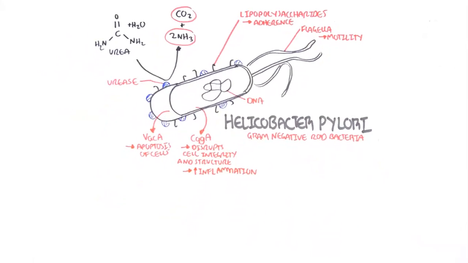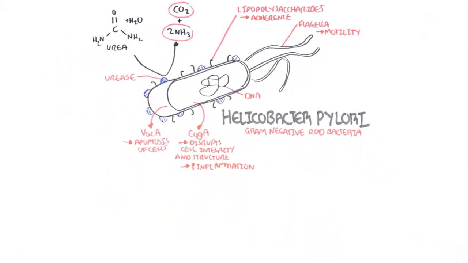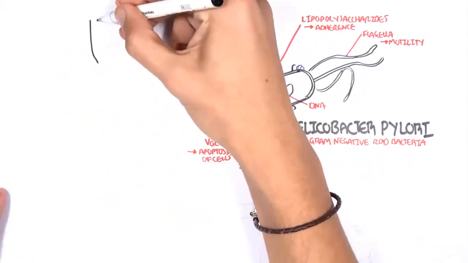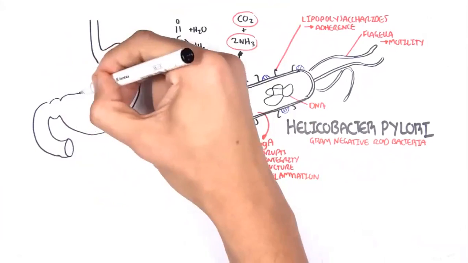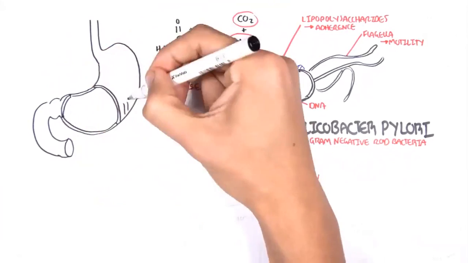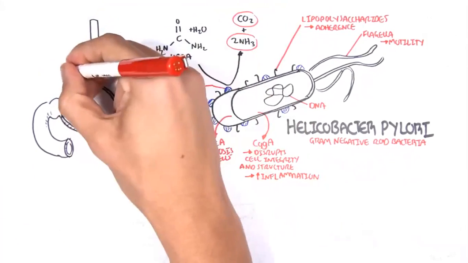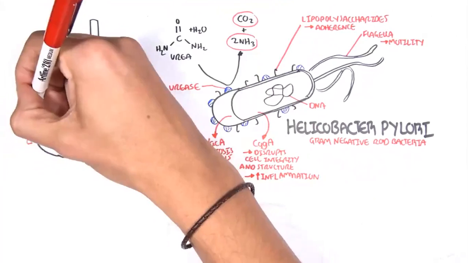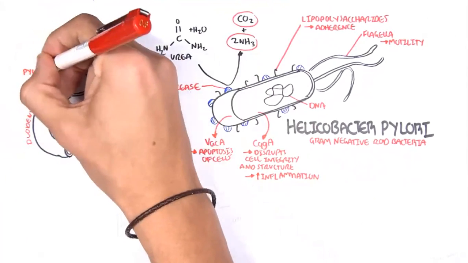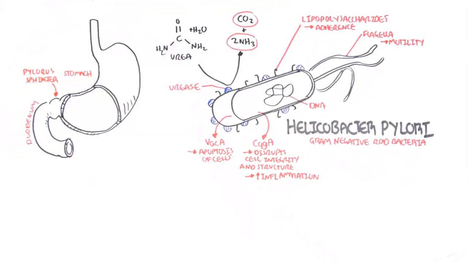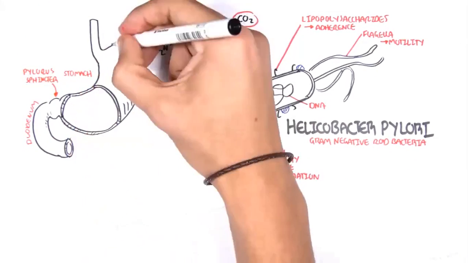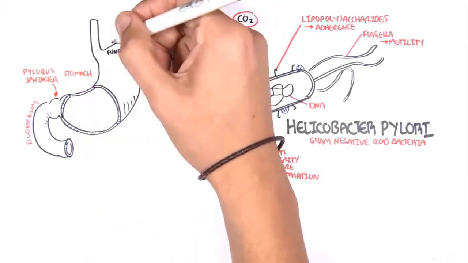Moving further, now we will see the anatomy of the stomach, the different parts of the stomach. Here you can see the stomach, which is connected to the duodenum, part of the small intestine, and between them is the pyloric sphincter, which is a wall between the stomach and the small intestine.